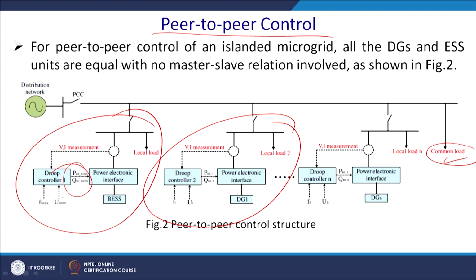Individual control and feeding of the local load is a headache of the local control, and only to meet the demand of the common load they have to talk with each other and understand what kind of power situation they are having, and only the microgrid which has a surplus of power will feed the common load. That is the way of working.